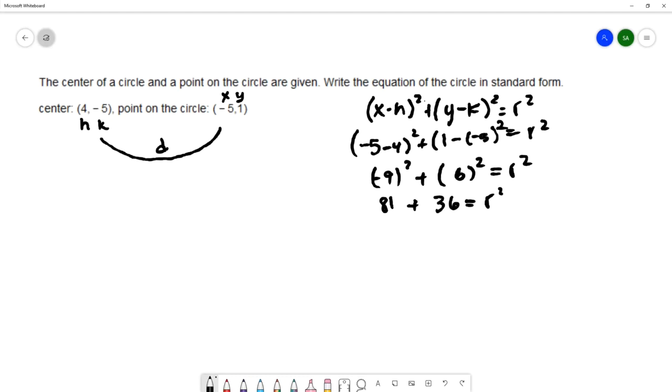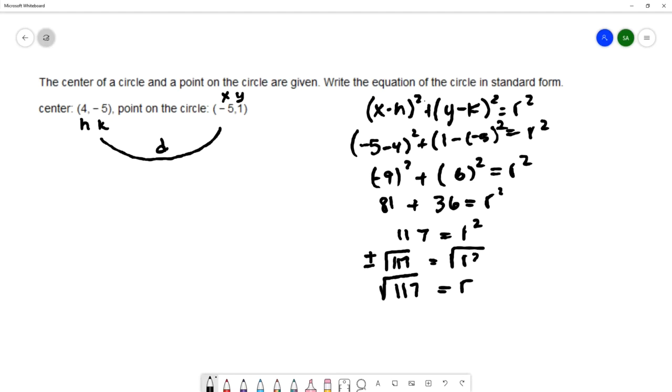And 81 plus 36 would be 117. And if I square root both sides, I get that r is equal to the square root of 117. This does turn into a plus and minus, but the radius will be a distance, which is positive, so we use the positive one. And I apologize, we do need the square root on that, so the square root of 117.